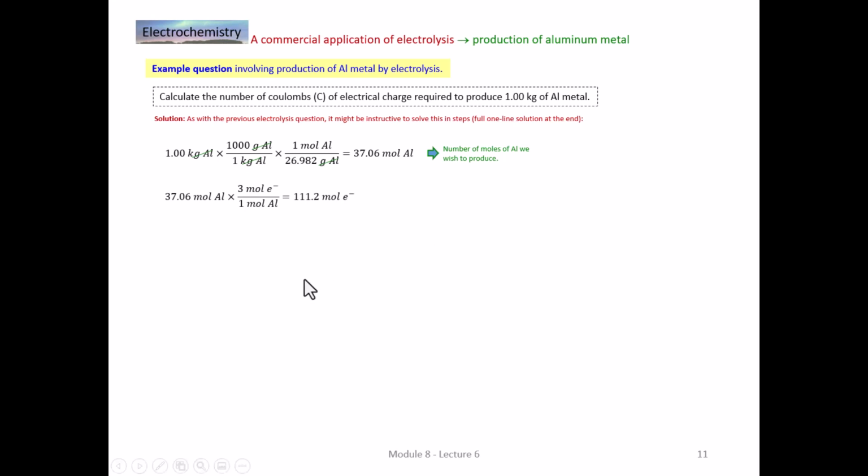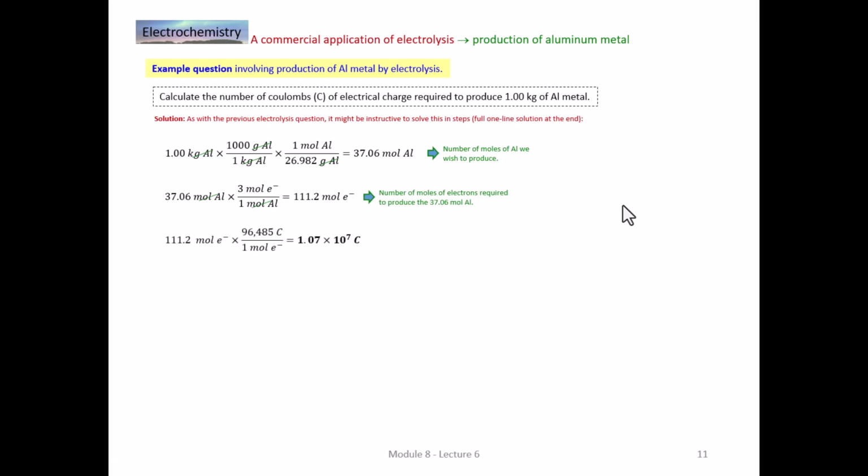Well, how many electrons do we need for that? Well, 37.06 moles of aluminum, that requires 3 moles of electrons per mole of aluminum, would mean that we need 111.2 moles of electrons.